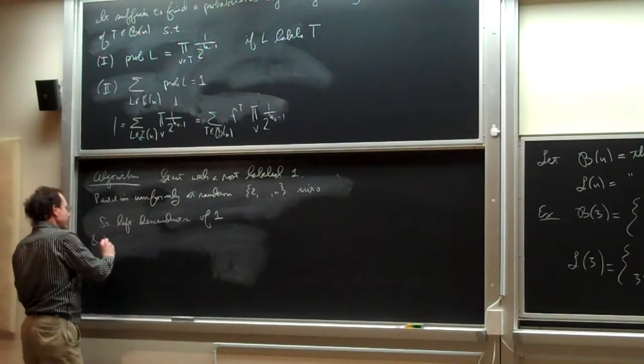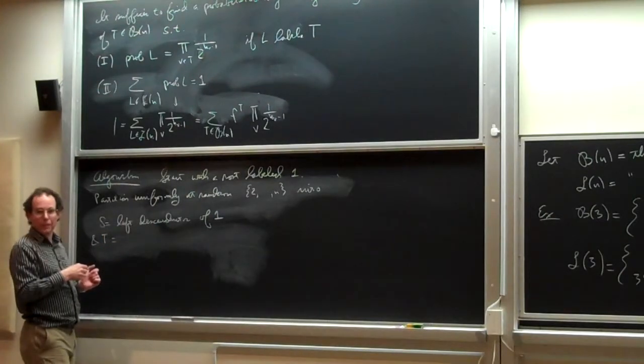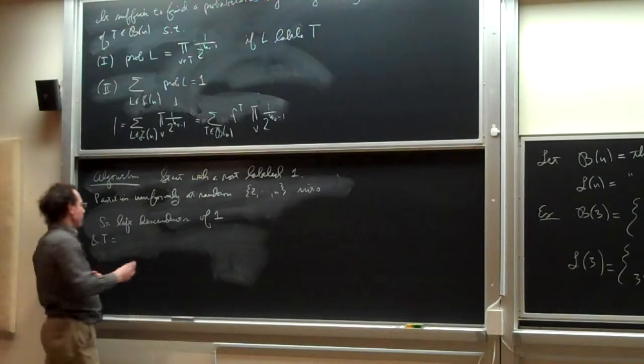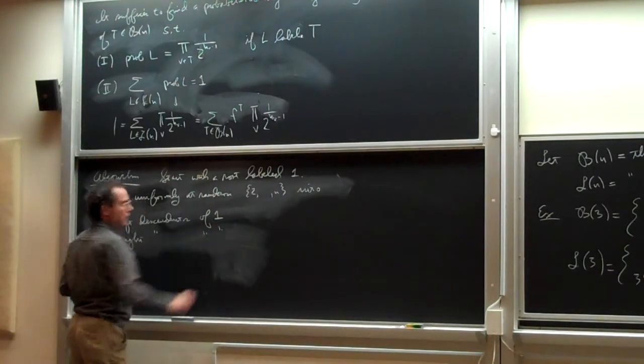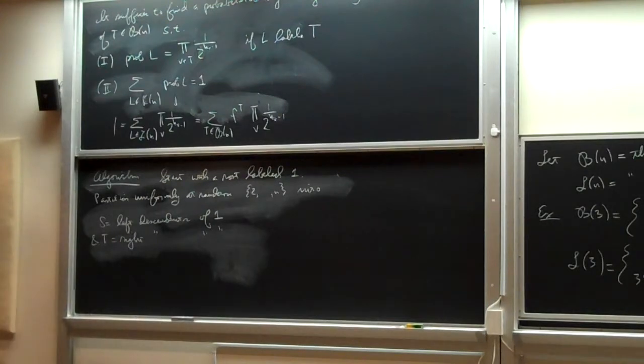And also a set T, which of course is going to be the rest of them. So that'll be the right descendants. Okay, so now I've told you one is here, it's S, these guys are going to be on the left, these guys are going to be on the right.